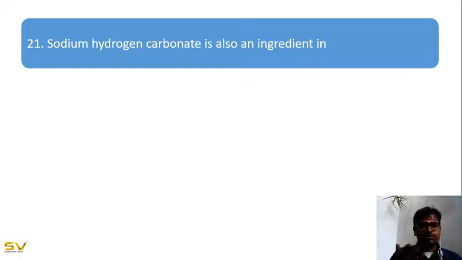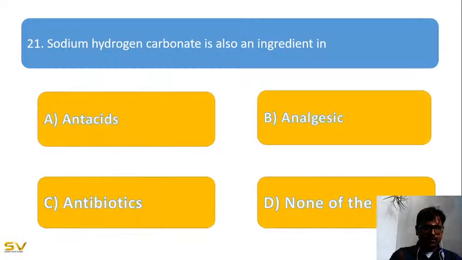So sodium hydrogen carbonate is baking soda. It is also an ingredient in A, antacids, B, analgesic, C, antibiotics, and D, none of the above.